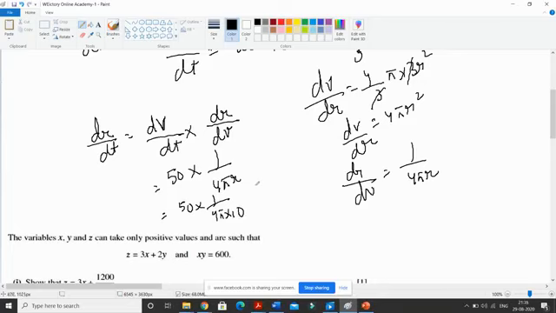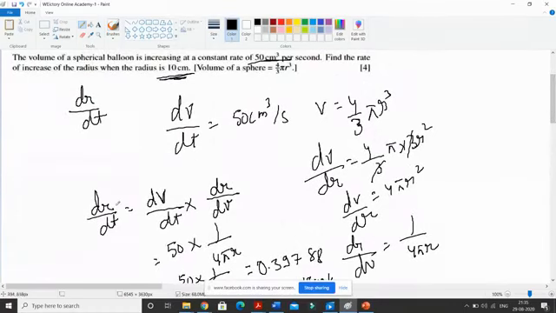So you can simplify this. 50 divided by 4 pi into 10. The answer is 0.397, 0.39788. Okay, so you can mention it in three significant figures: 0.398 centimeter per second. That's the answer.